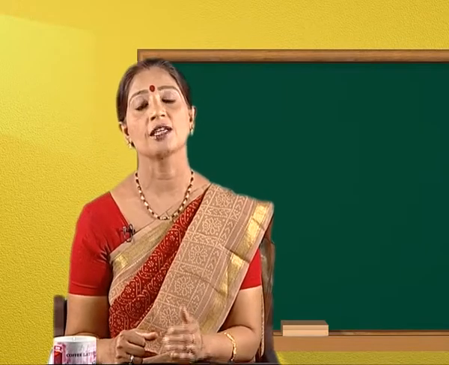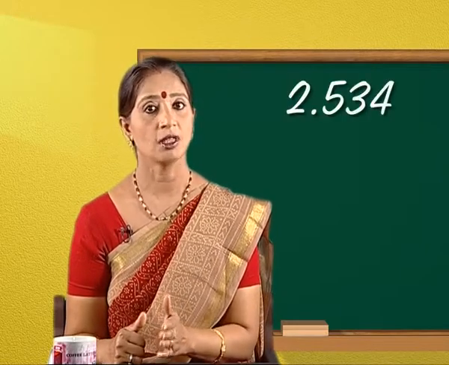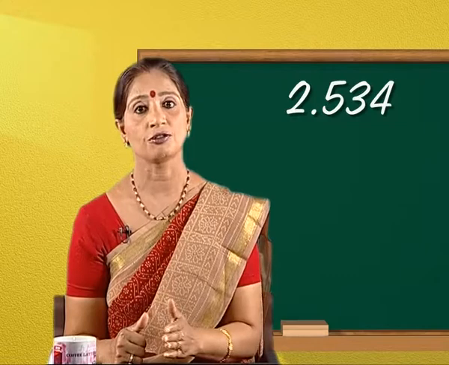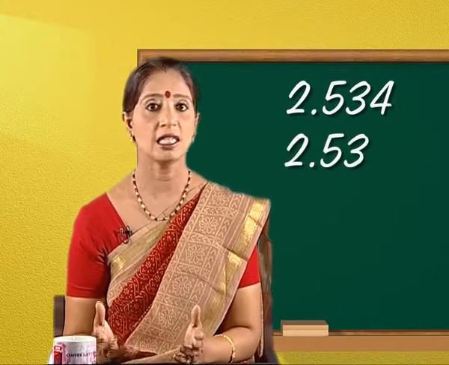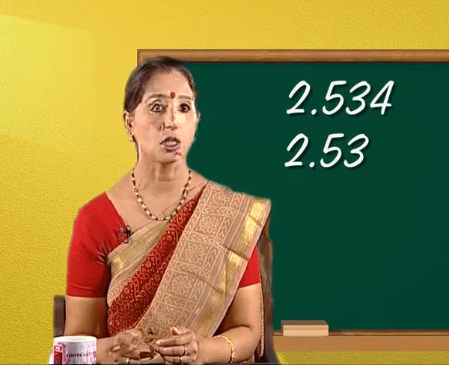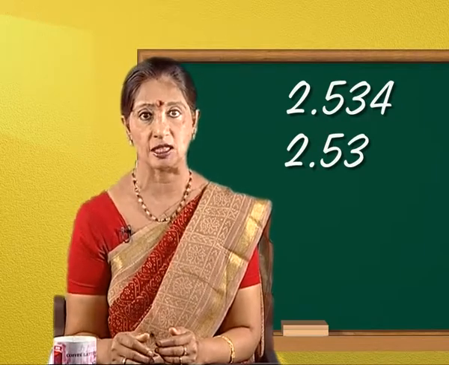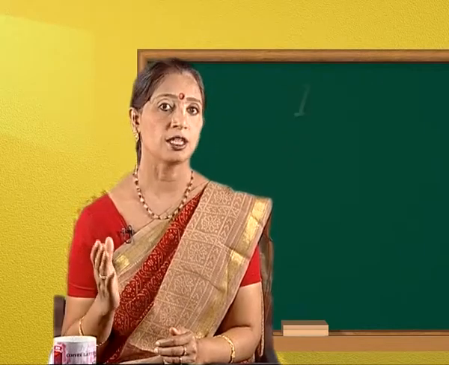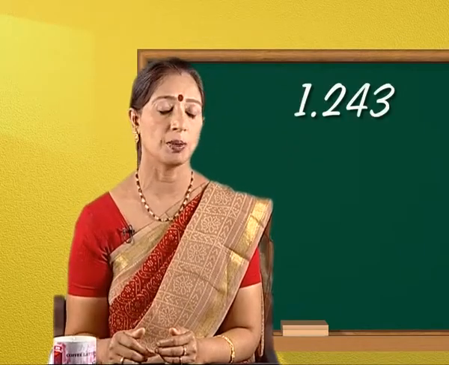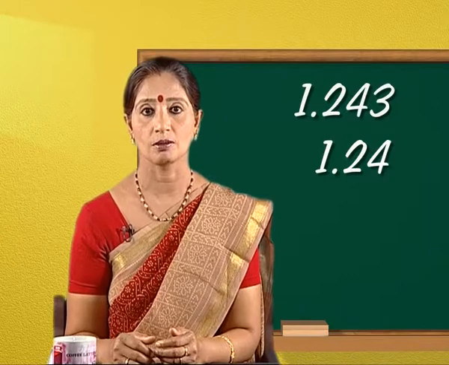For example, a value of 2.534 is rounded off as 2.53 to have 3 significant figures or to have 2 decimal places. Similarly, a number 1.243 would be 1.24.